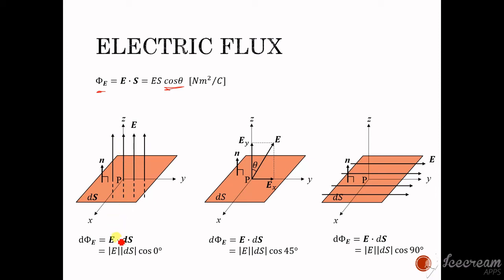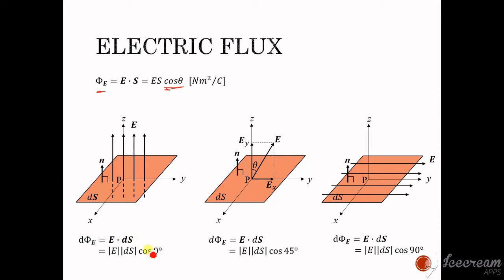Okay, so here E is in the z direction, and ds is also in the z direction, since 90 degrees, or normal, to the surface is the z direction. So the angle between those two will be 0.